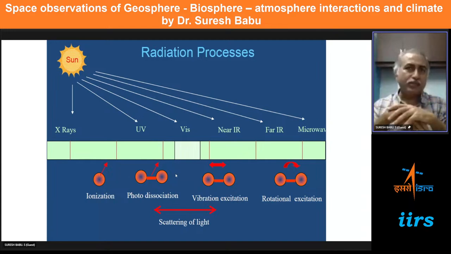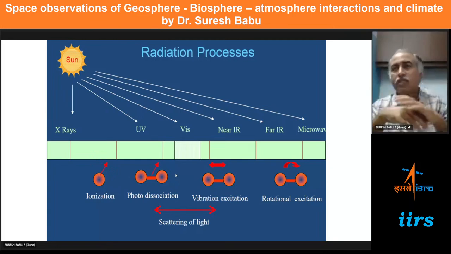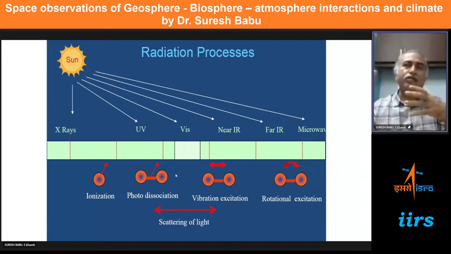It involves the ionization of atoms, photodissociation of the molecules, the vibrational excitation of the molecules, and the rotational excitation. These processes vary, and accordingly we have different spectral distributions and processes. In addition to that, the particles present in the atmosphere as well as the gaseous molecules scatter radiation.